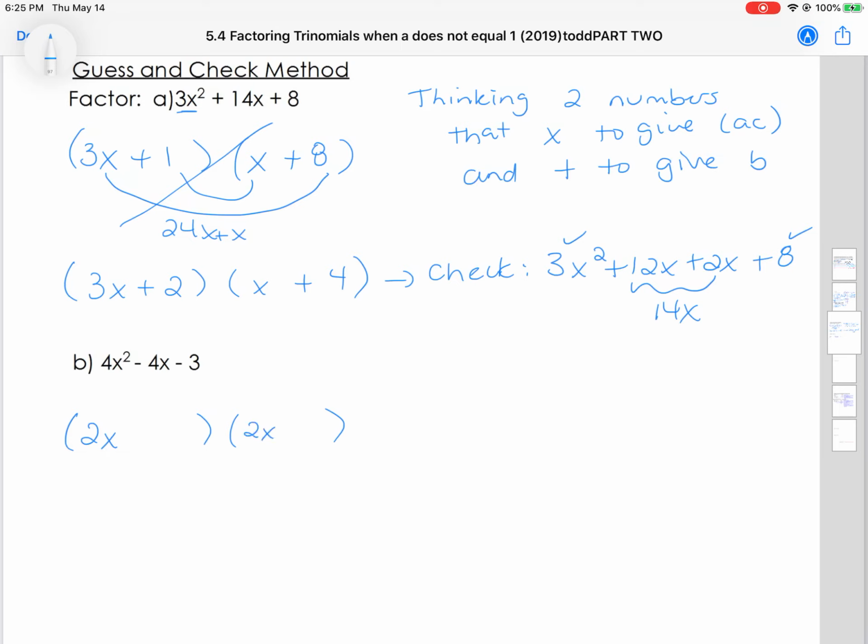And then we want to get multiplies to give negative 12. So we could do positive 1 and negative 3, and then you have to check 4x squared minus 6x plus 2x minus 3. Okay, so there we've got the 4x, the minus 3, and the minus 4x.